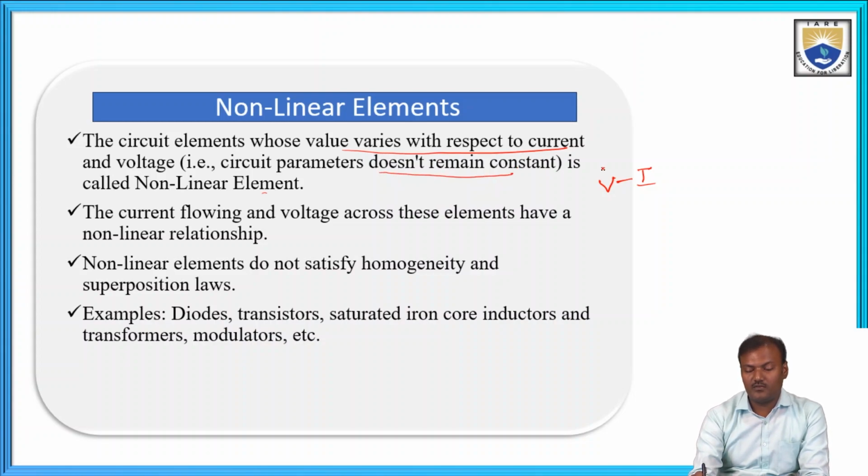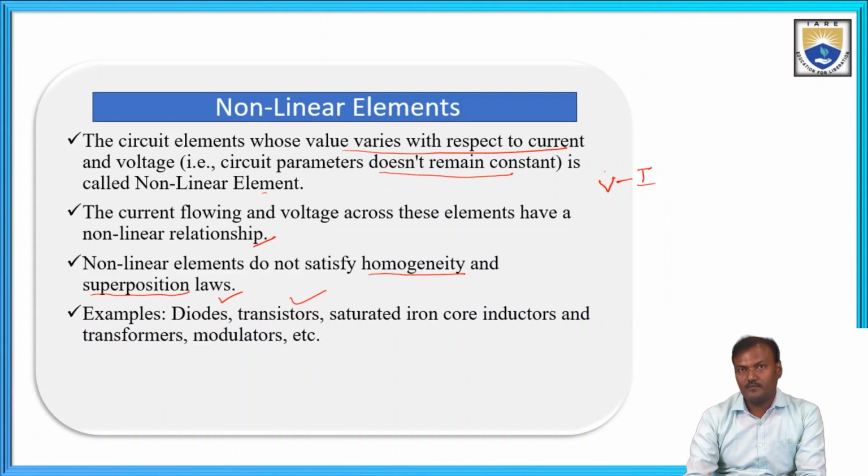Circuit parameters, either voltage or current or any other parameter, do not remain constant. The current flowing and voltage across these elements have a non-linear relationship. Examples are diodes, transistors, and saturated iron core inductors, which are said to be non-linear elements.